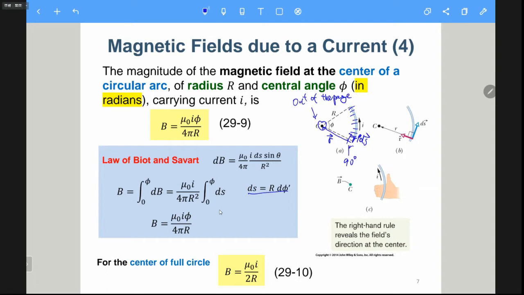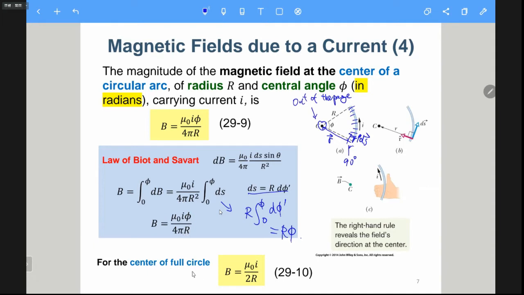It becomes r times the integration of 0 to phi d phi prime, which is nothing but r phi. So integrating 1 from 0 to phi is nothing but phi. So r phi here. So r and r will be cancelled. We have r and then phi at the top. So the expression is like this.